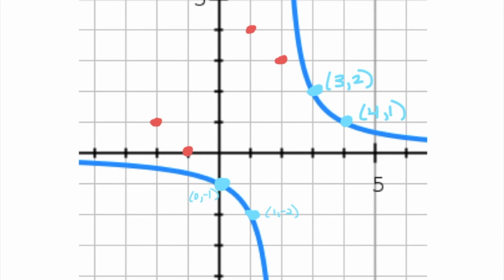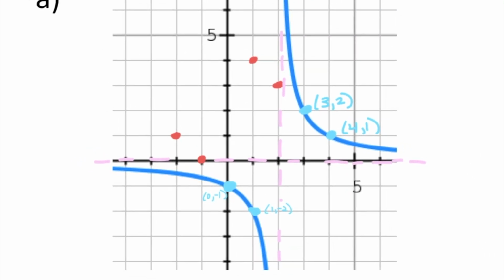And it might not be obvious to you what direction the curve of the rational functions go. That's a little tricky. But in this case, you had asymptotes at y equals 0 and x equals, it's probably x equals 2. And so I'm going to change those asymptotes, and I'm going to make them instead x equals 0 and y equals 2.